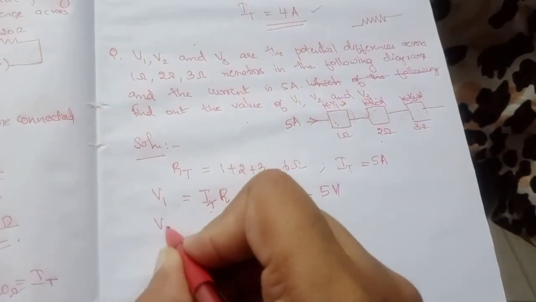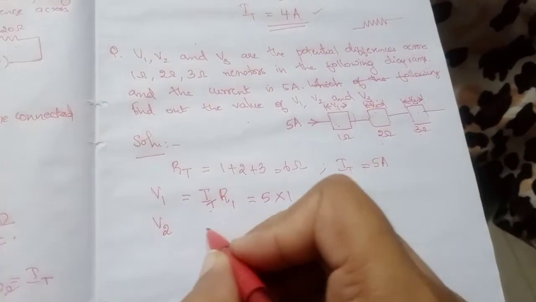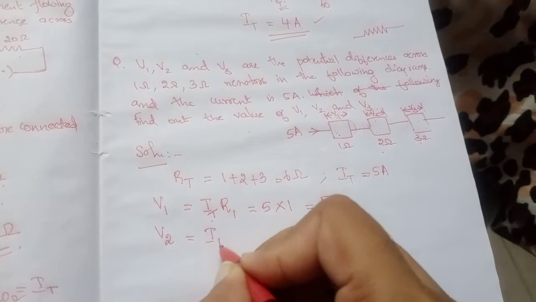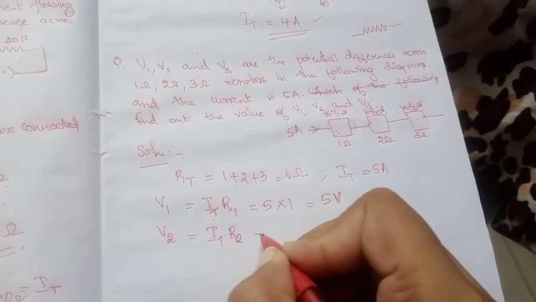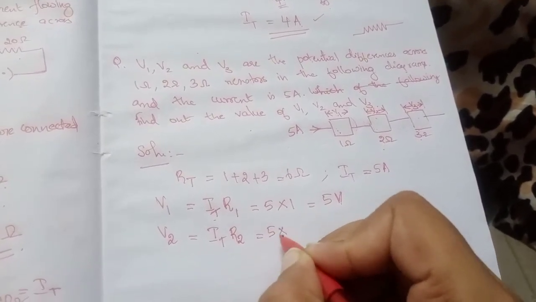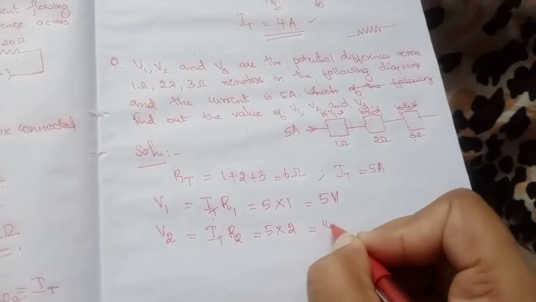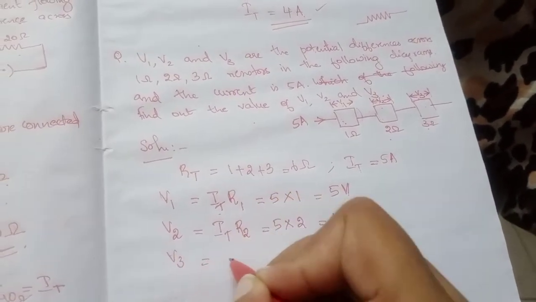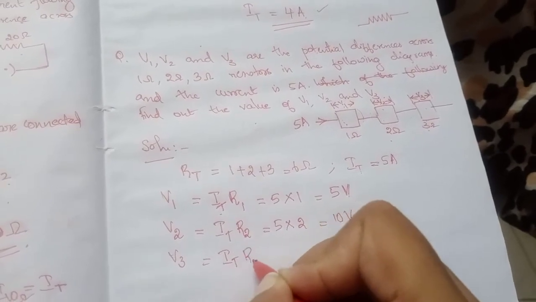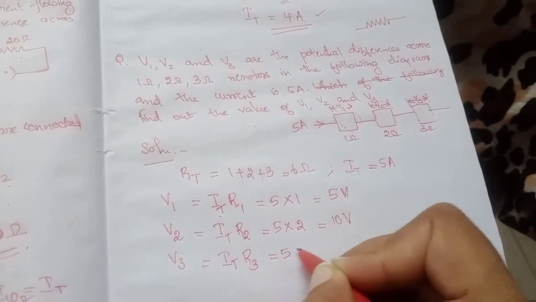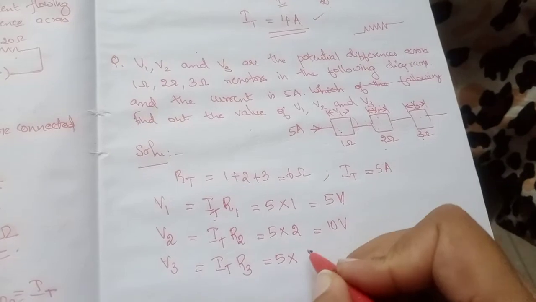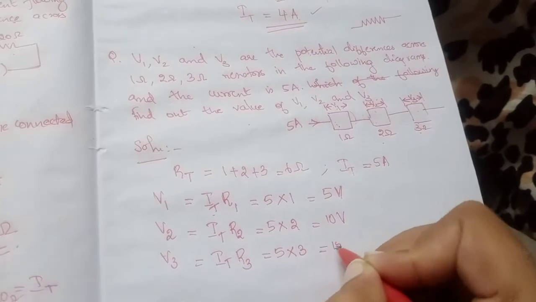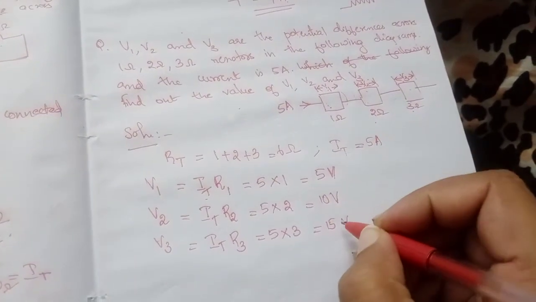Similarly, the voltage across the 2 ohm resistor V2 is equal to IT into R2. So IT is 5 again and R2 is 2. What will be the answer? 10 volt. Again V3, IT into R3. IT is same 5. The value of the third resistance is 3 and the answer becomes 15 volt.